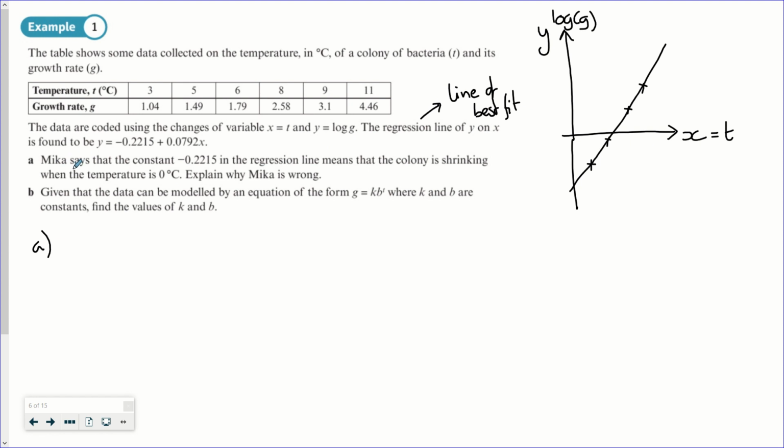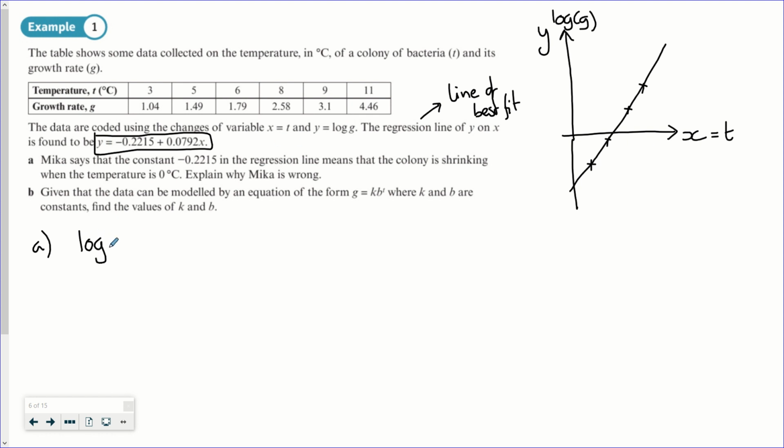So let's have a look at part A. This person thinks that because minus 0.2215 on the regression line means that the colony is shrinking when t equals 0, when the temperature equals 0. So we need to try and explain why this is wrong. Well, if we look at this relationship that they found, at the moment this is a relationship between x and y, but actually we know that y is log g.